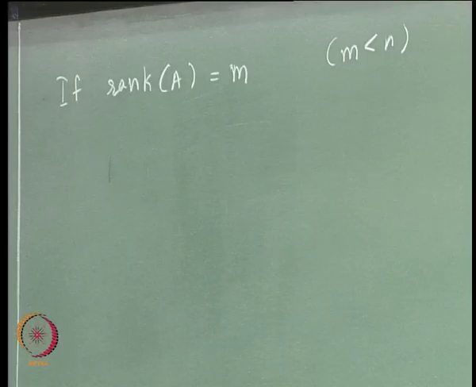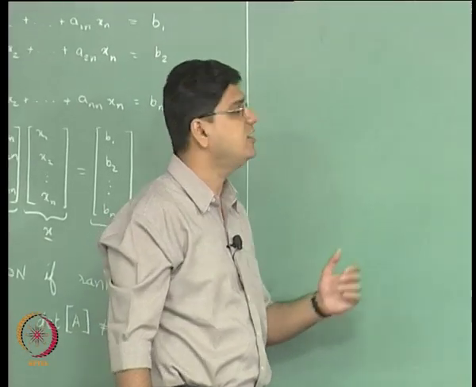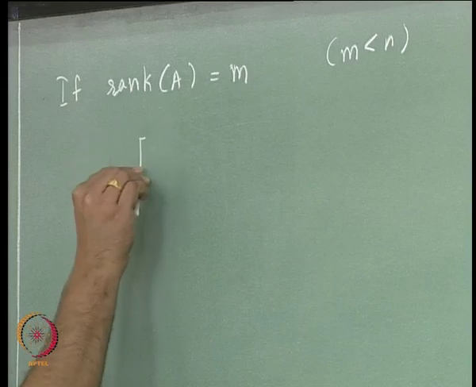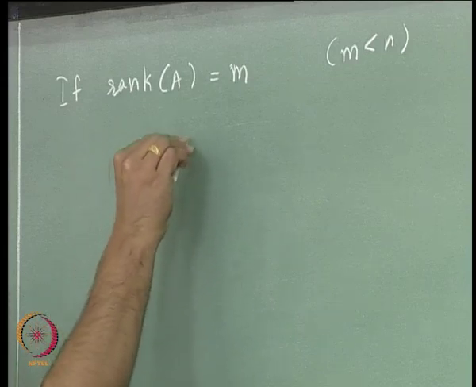What that translated into in the previous lecture for a 2x2 system was the rank of the matrix obtained by putting A and B together.